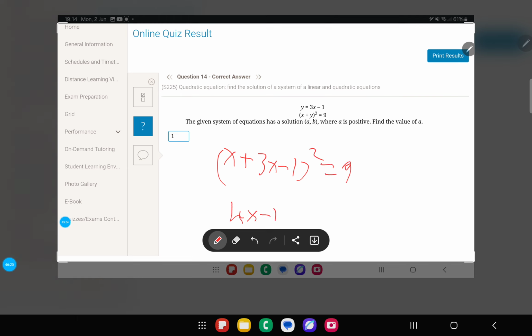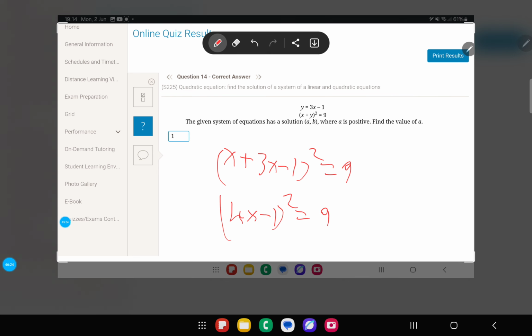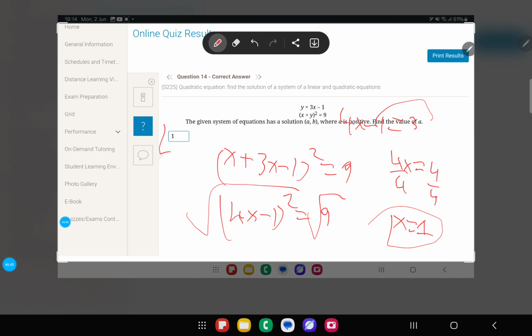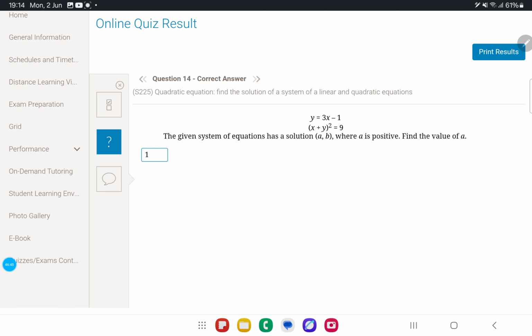We're going to get (4x minus 1) squared equals 9. Now I'm going to put radical to get rid of the square. It's going to be 4x minus 1 equals 3. Flip negative 1 to the other side. You're going to get 4x equals 4. Divide by 4, divide by 4. x equals 1. And indeed we got 1.